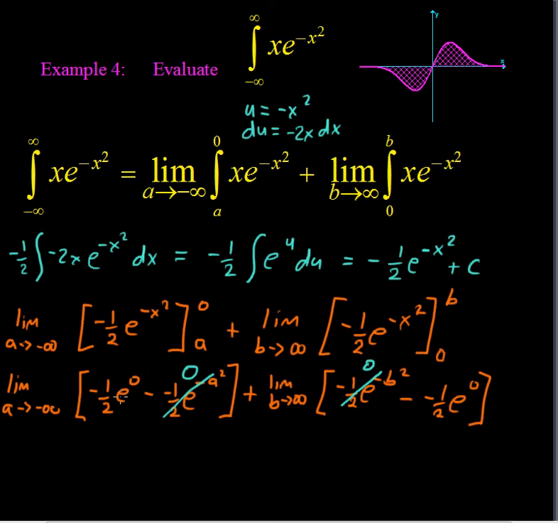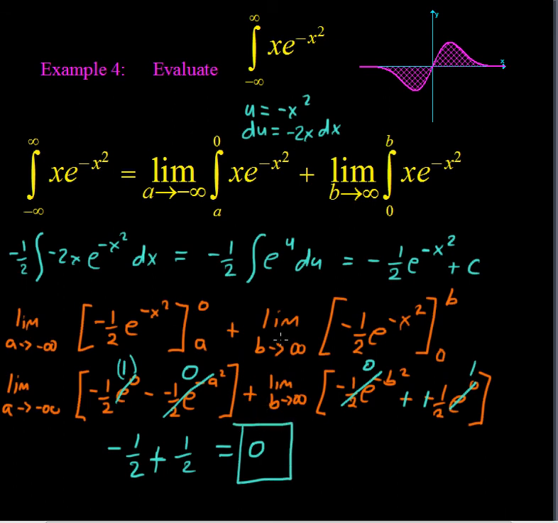Meanwhile, this is heading to 1, so that's negative 1/2 times 1. This part, it's a double negative, that's heading towards positive 1/2. So we have negative 1/2 over here, plus positive 1/2 over there, is equal to 0. All right, there you go.